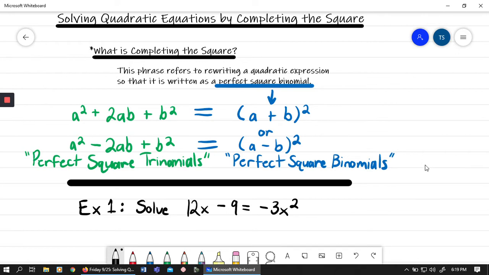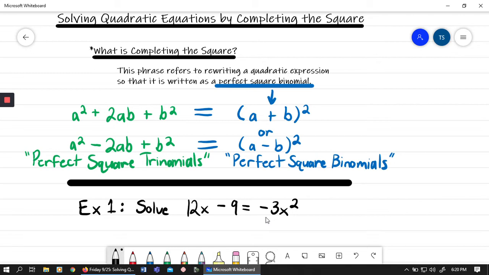Alright, so let's look at this example here. First off, if we want to solve a quadratic equation by completing the square, there's a few things we gotta take care of before we start completing the square. You need to identify what your a value is, the a value from the standard form, ax squared plus bx plus c.